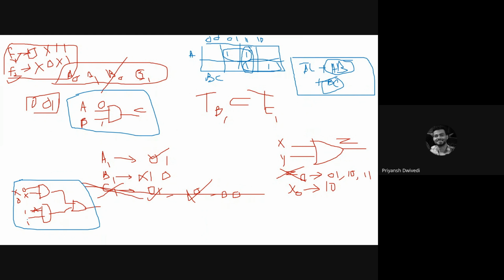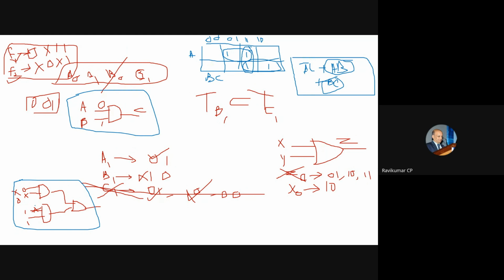That is possible only if we give a 1 as input to the final AND gate. But here we give 0 and x, so it may be 0, then the output of the first AND gate is 0.